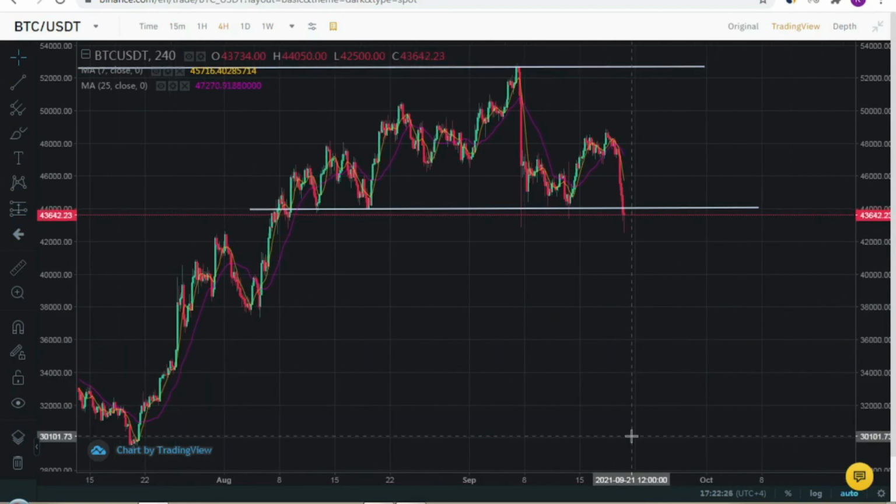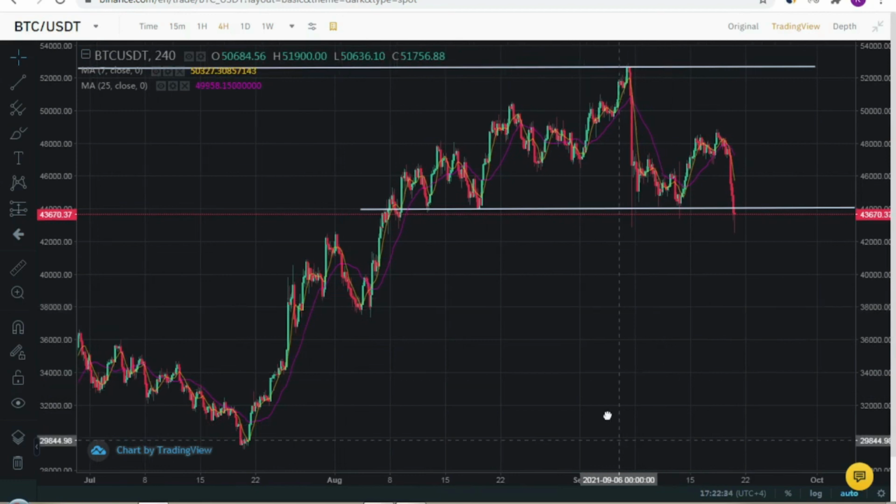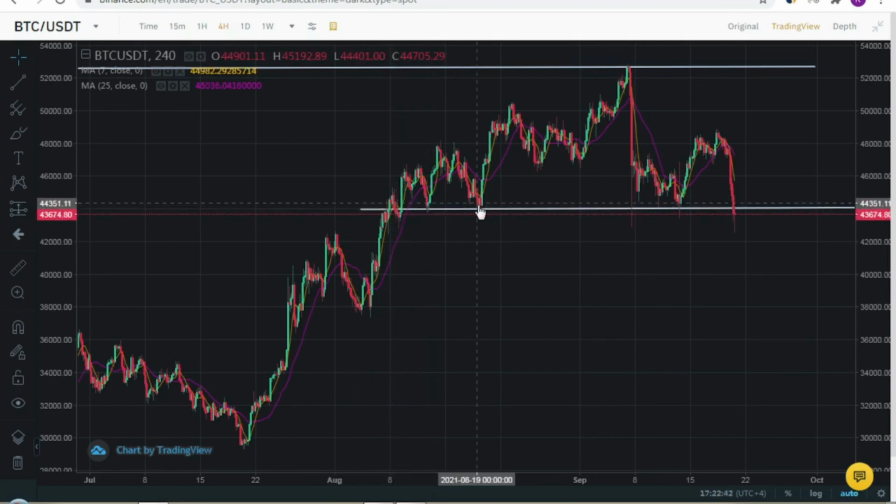So any support or resistance line is only as strong as the number of times it has been tested. So like here it was tested here, tested here. So we have 1, 2, 3, 4, 5 here, not really, but yeah, tested here, 6, even here, because here it broke, but we went back up and closed above.